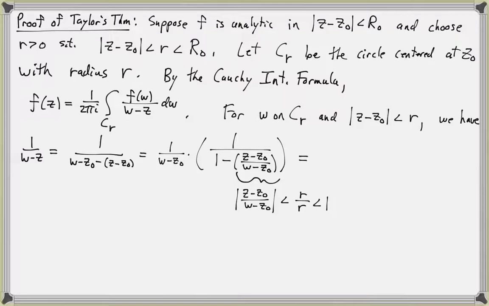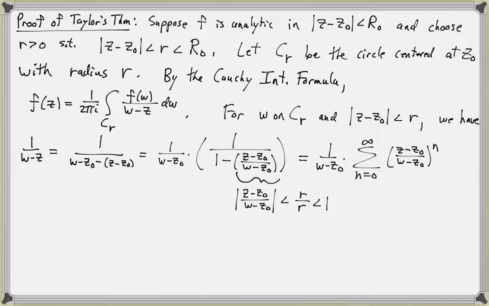So we still have this factor of 1 over w minus z0, but then I can rewrite this large expression in parentheses as the series n equals 0 to infinity of (z minus z0 over w minus z0) to the power n.